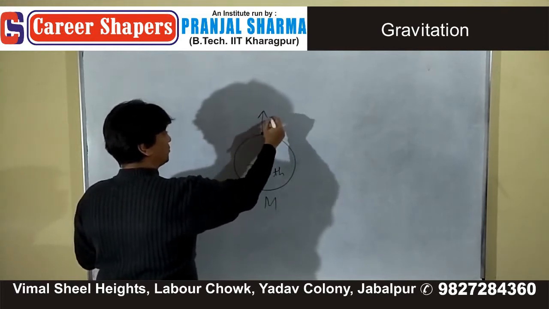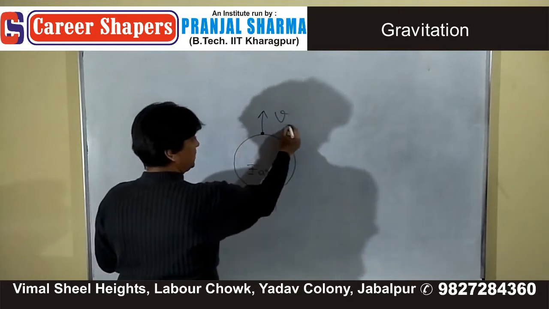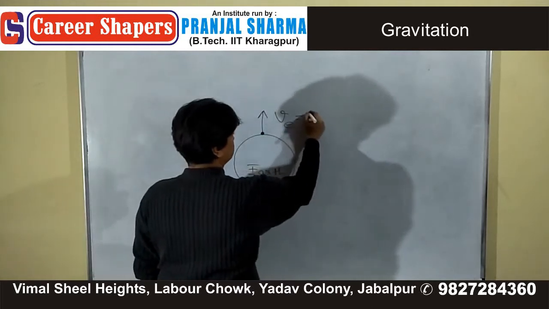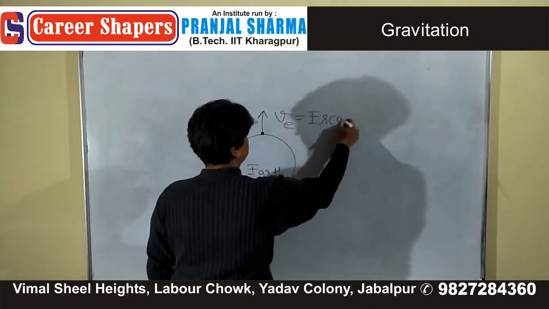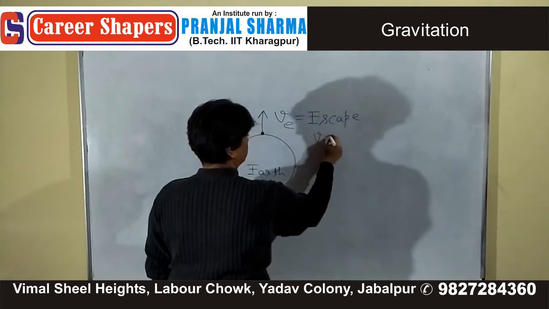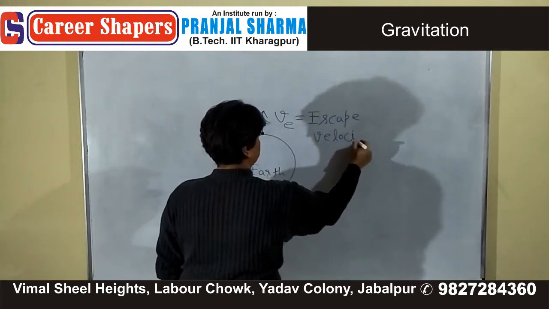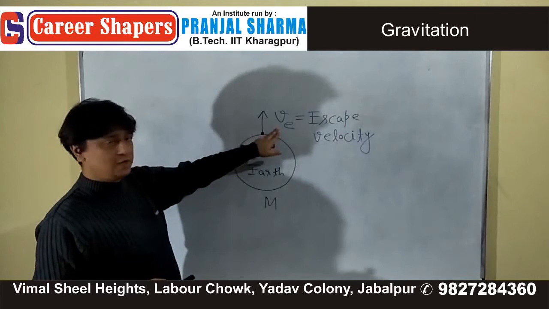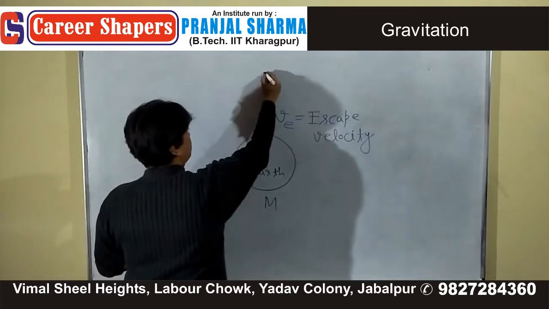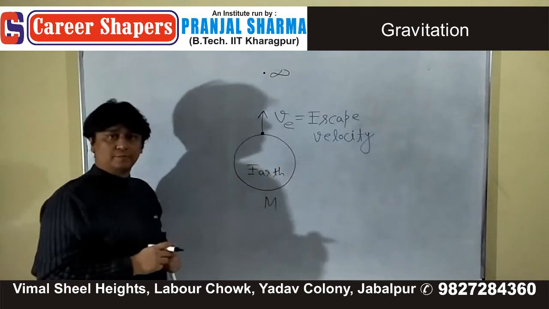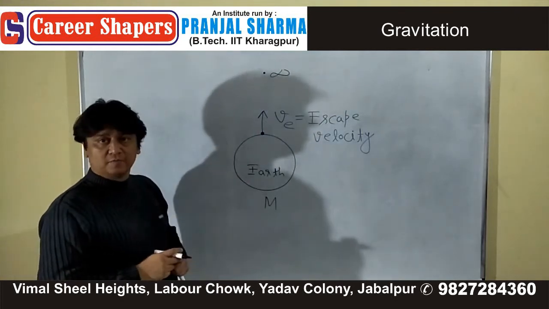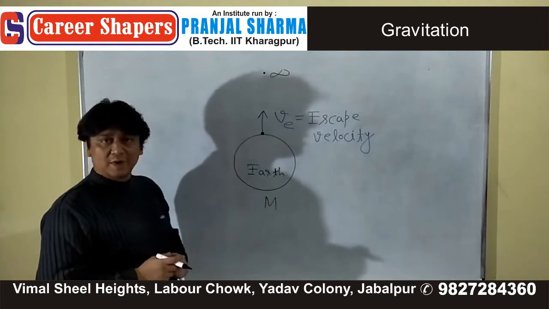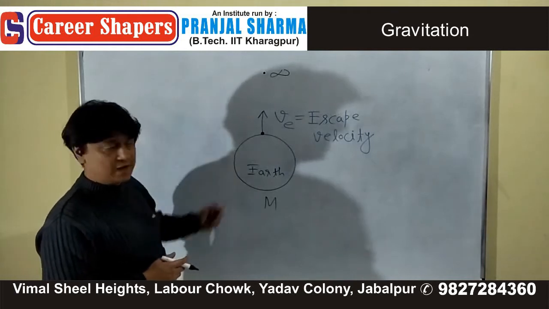And we are projecting it with VE, which is escape velocity. And when you project it with VE, it moves to infinity. And at infinity, gravitational pull of Earth on this projectile will become zero, and therefore it cannot come back.